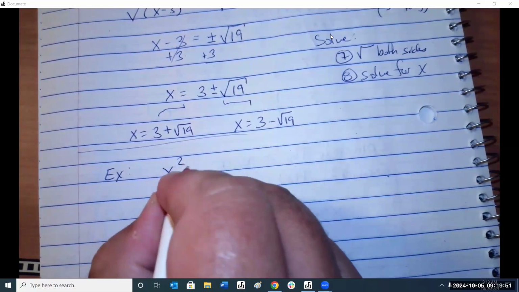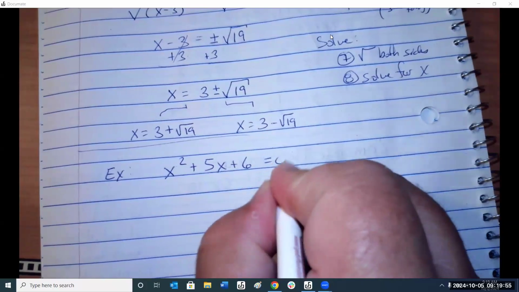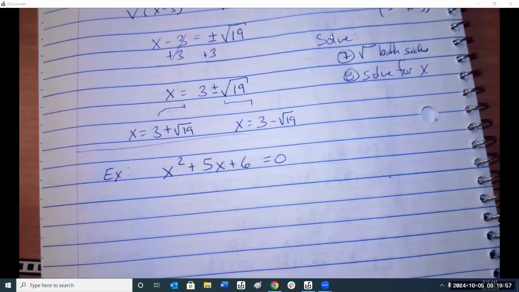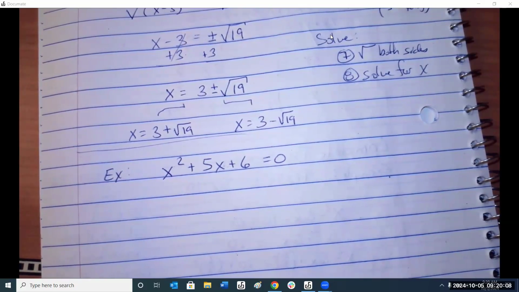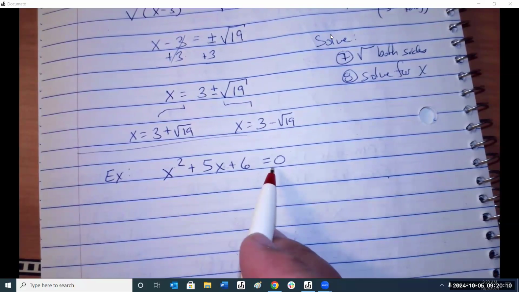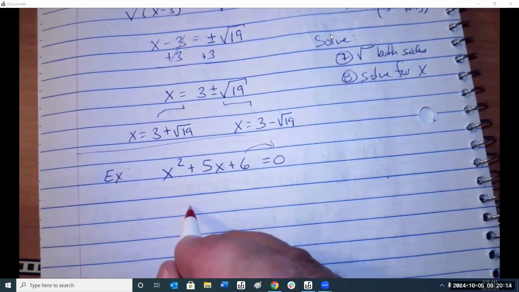x squared plus 5x plus 6 equals 0. Again, notice how we're doing these with the leading coefficient being 1. We'll increase it to another number in a second, and we'll have fractions in a second too. So it's set equal to 0, a is 1, so move the c term to the other side.